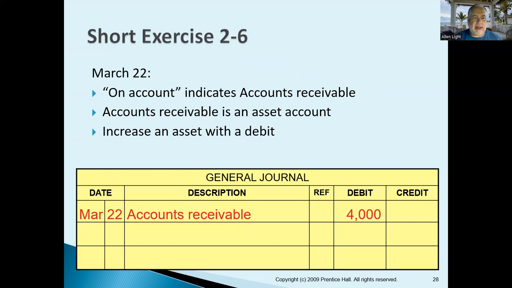Short exercise right here. Okay, March 22nd. On account indicates account receivable, okay? So Lakeview Sales Consultants perform services for customers on account. On account indicates an account receivable or an account payable. Since this transaction will result in receiving cash, it's going to be an account receivable.